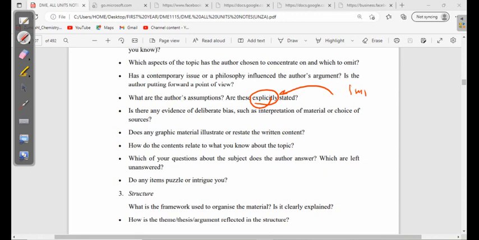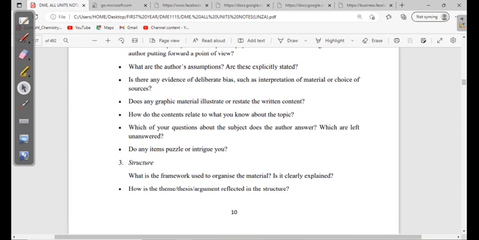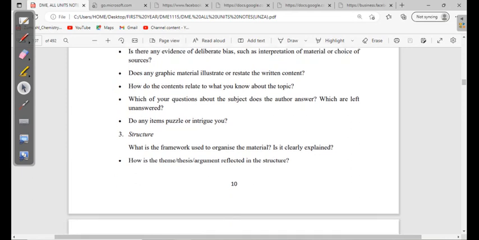So if there are some assumptions that have been stated by the author, have they been explicitly stated? Have they been said directly? Is there evidence of deliberate bias? If the author tries to just concentrate on one side, maybe they're just trying to support this thing and not supporting the other. Do they have evidence why they're supporting such things?